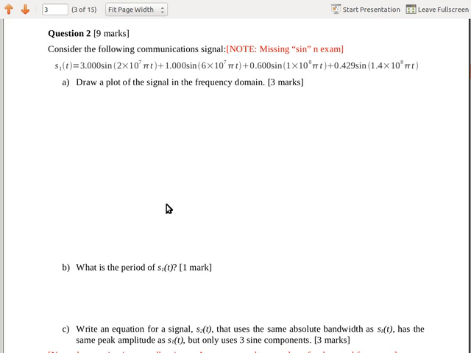Then .6 and .429. That's our answer for 3 marks in your exam. So to get started, you need to know this, and then find the individual frequencies and draw the plot: 10 megahertz, 30 megahertz, 50 megahertz, 70 megahertz.